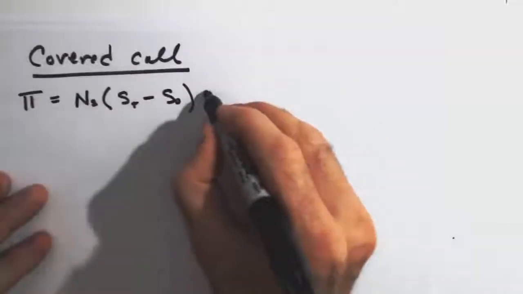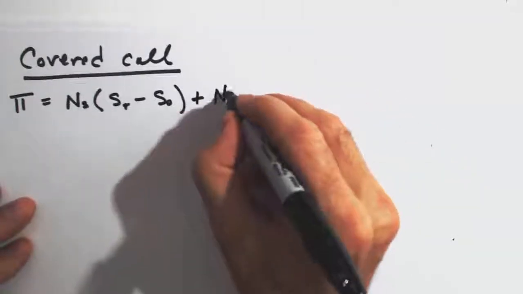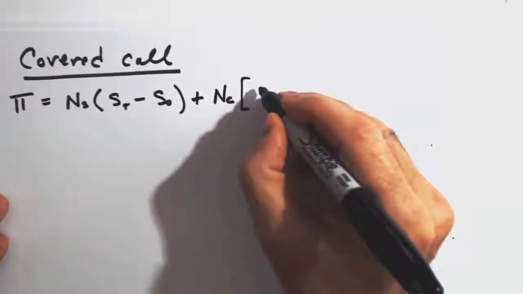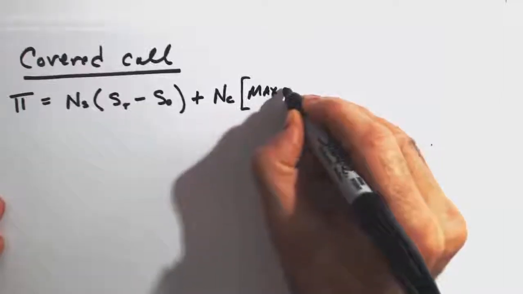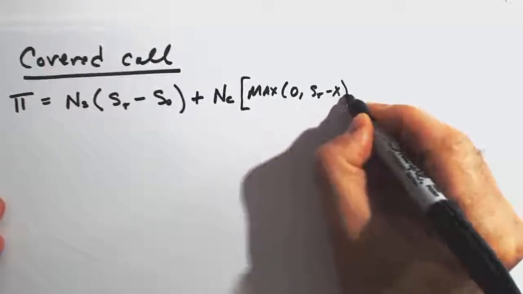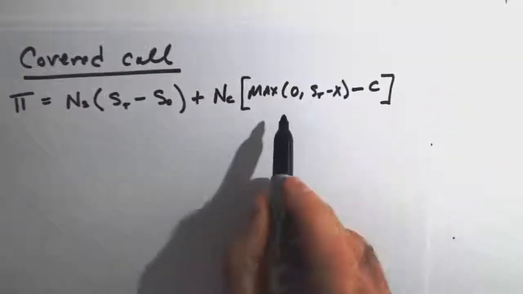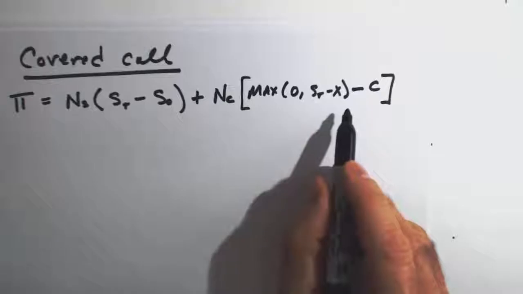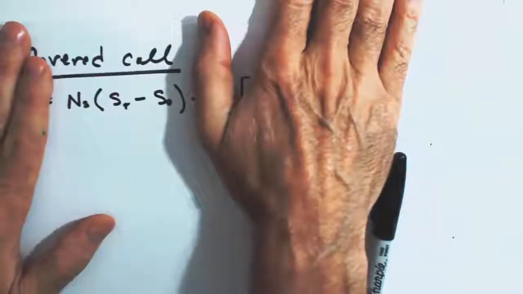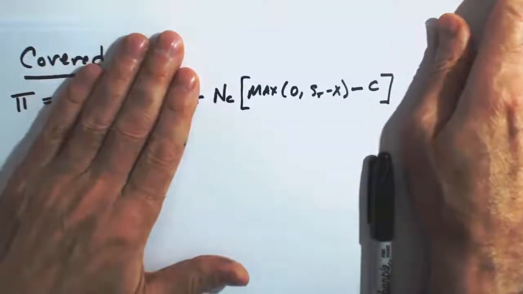Now we're going to add a call position, with a number of call options, NC, and we're going to have the payoff and the premium associated with it. So we're going to have the maximum of this. This is the payoff and the premium like we saw earlier. And so this is the profit or loss for the entire stock position, and this is the profit or loss for the entire call position.